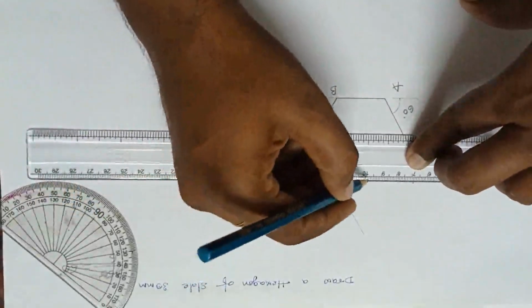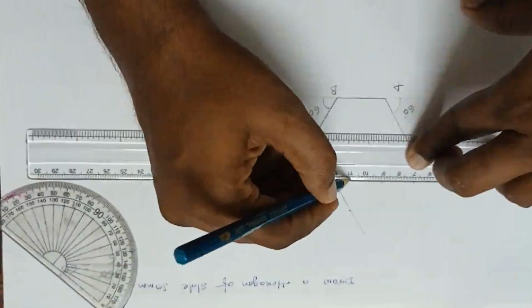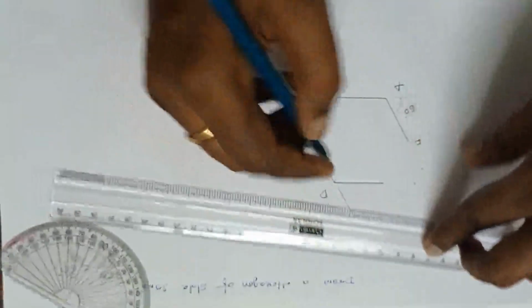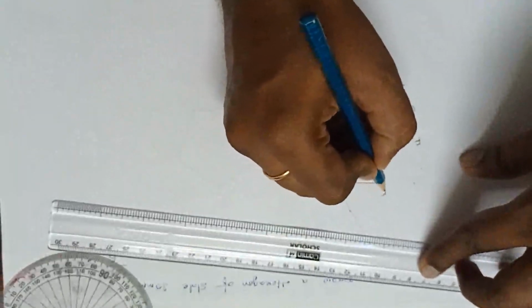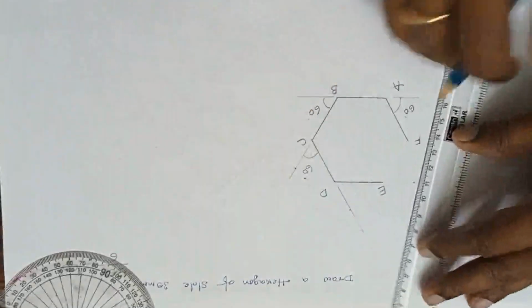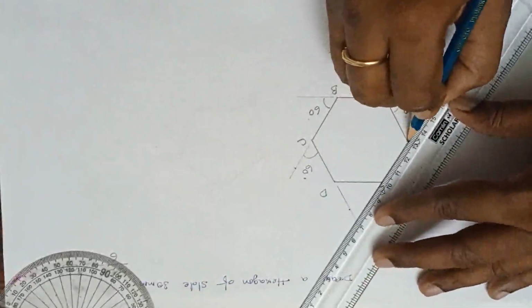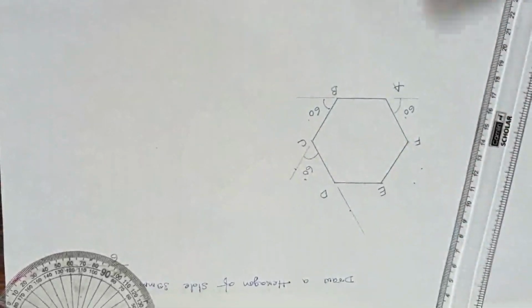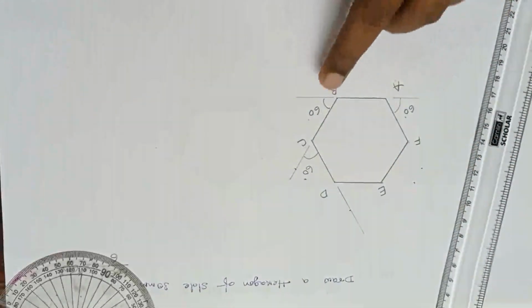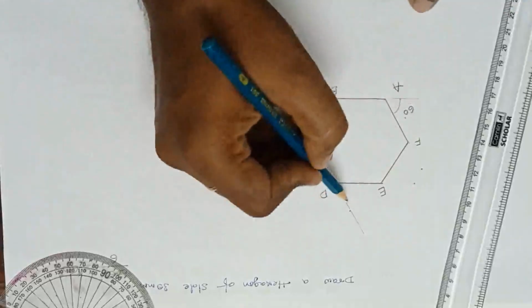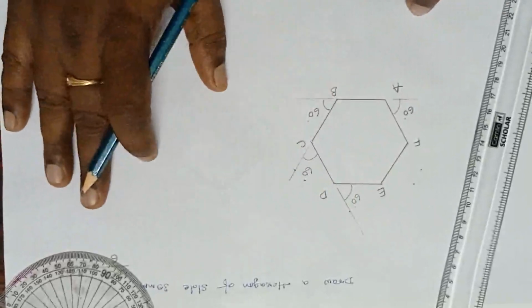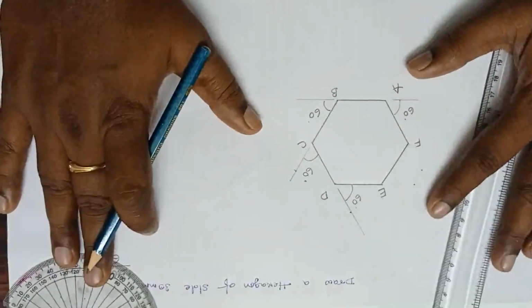So 1, 2, 3, 30 mm. This is E. So automatically you will get EF as 30 mm. So this is our hexagon. The last angle you will get directly. So from each corner I am getting 60 degrees. So this is how to draw the hexagon.